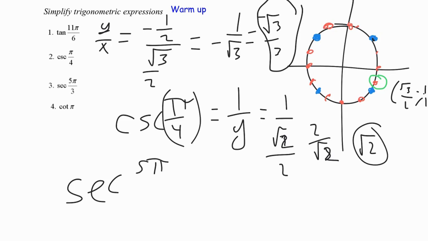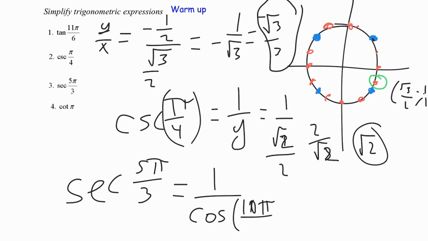5 pi over 3, so that would be 1 over cosine of, and I'm going to rewrite it as 10 pi over 6, because that's what it was originally. These are typically referring to the red points, where this is 11 pi over 6, this bad boy was 11 pi over 6, so we're talking about this one.